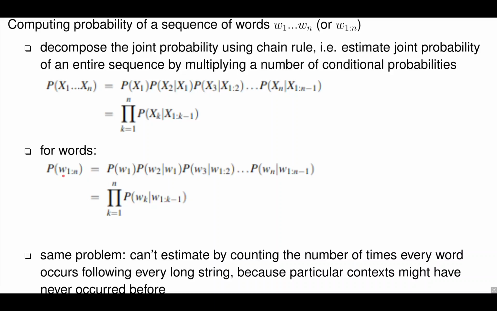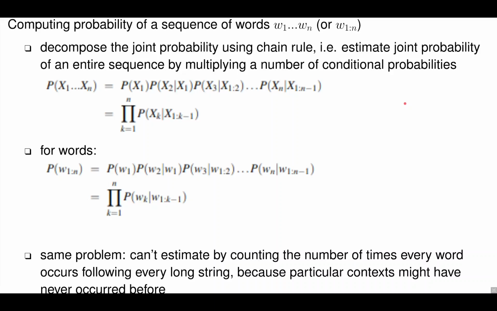Probability of the words from 1 to n, the whole sequence of n words, would be the probability of word 1, then probability of word 2, given that W1 was preceding it, then probability of W3, given that 1 and 2 were preceding it, and so on and so forth, until we get to this final product where we have the probability of the final word in the sequence, given the whole sequence of the preceding elements. So this looks like a valid representation of this model.